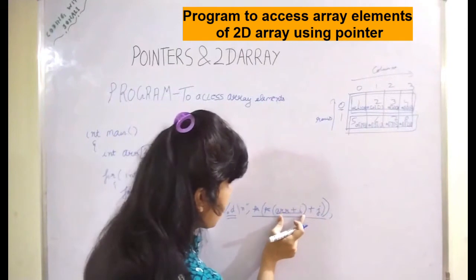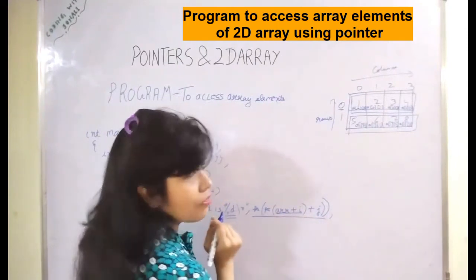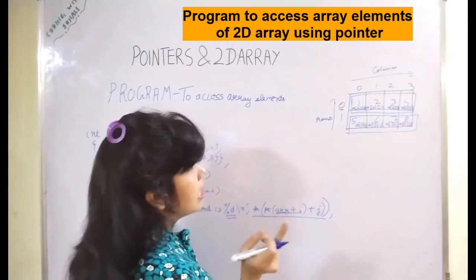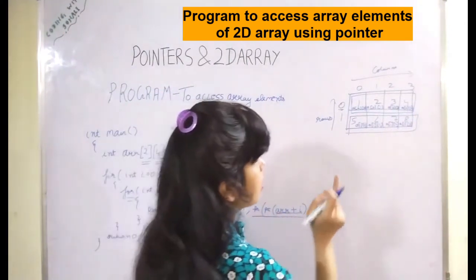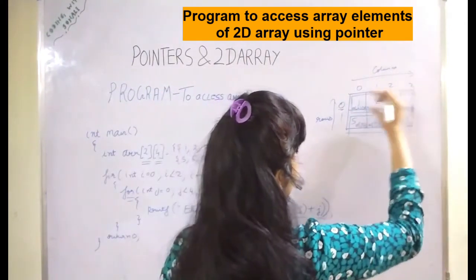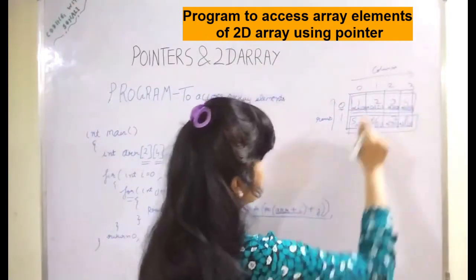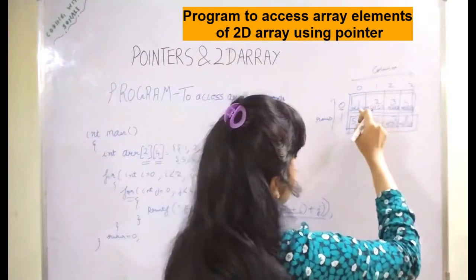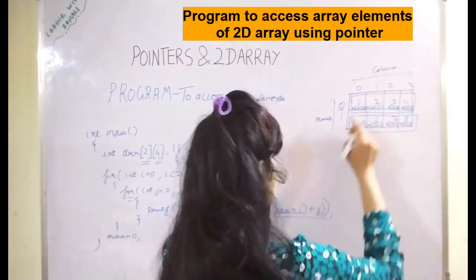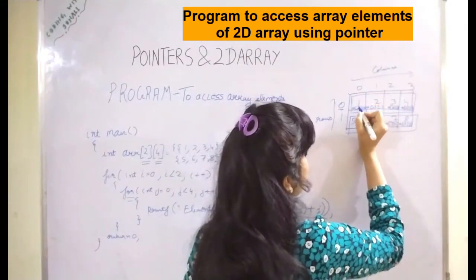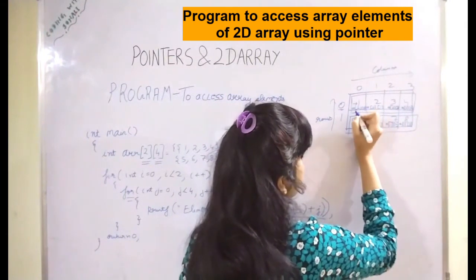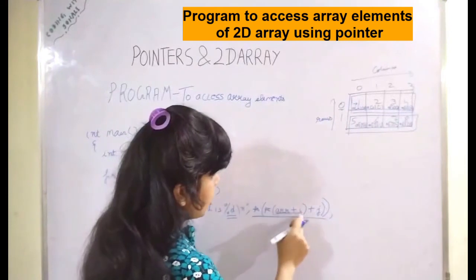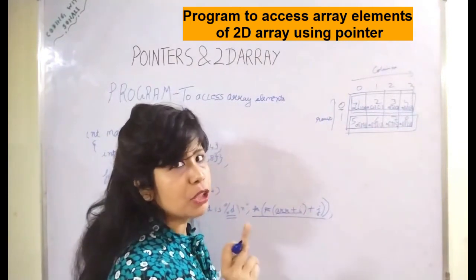When I do star of ARR plus i, if this i is 0, it will have the address of this whole 0th 1D array, and if you do star, it will give you simply the pointer to this integer. It will have the address of this integer, and the base type of star of ARR plus i will be the pointer to an integer.